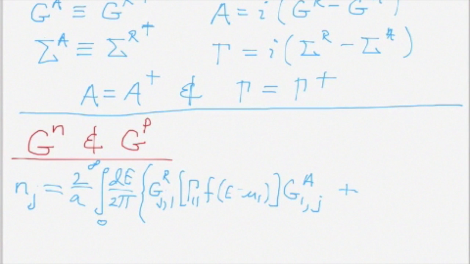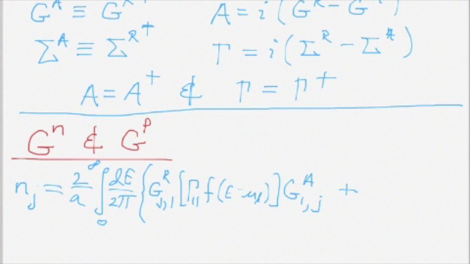So that's the component that's injected from the left contact. I guess that should be a mu sub left from the left contact. Right, so that's the component.